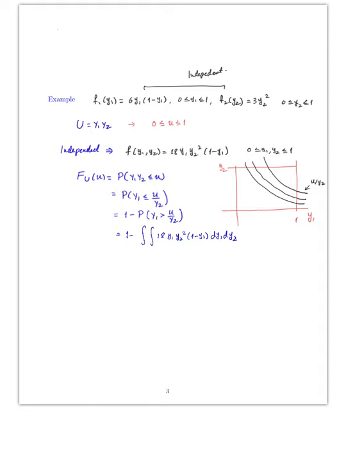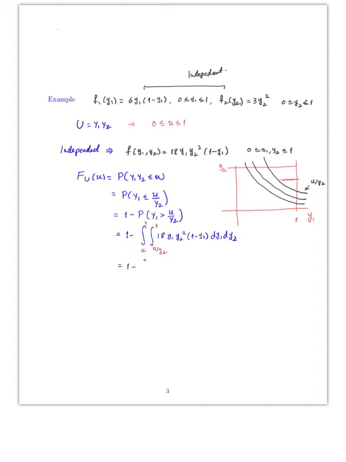So y1 is going to go from u over y2 to 1, and y2 is going to go from u to 1.